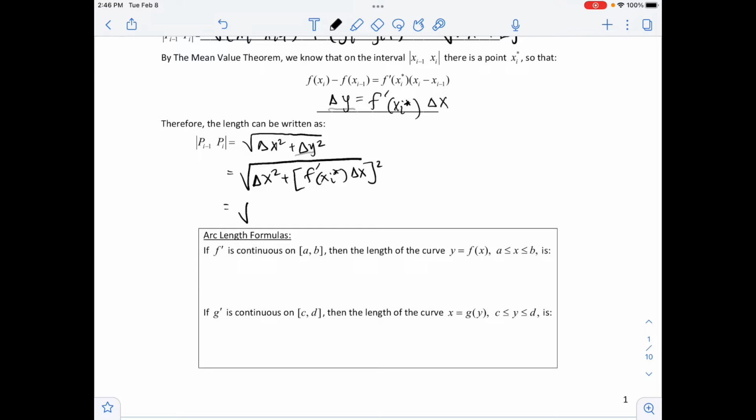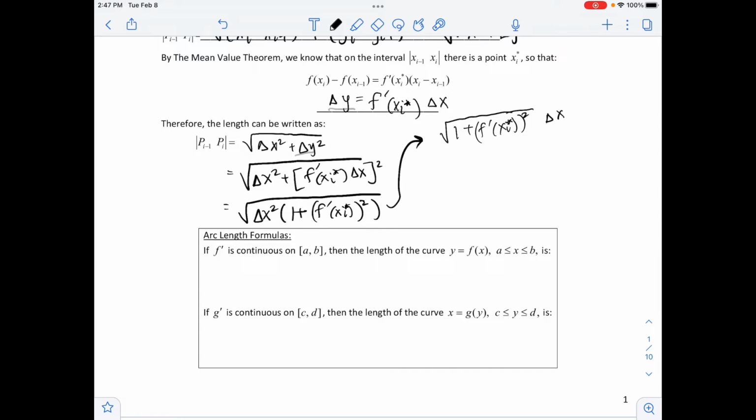Pulling delta x squared out, we'd have 1 plus f prime of x_i star squared. So this would be equal to the square root of 1 plus f prime of x_i star squared times delta x, pulling that delta x out of the square root.